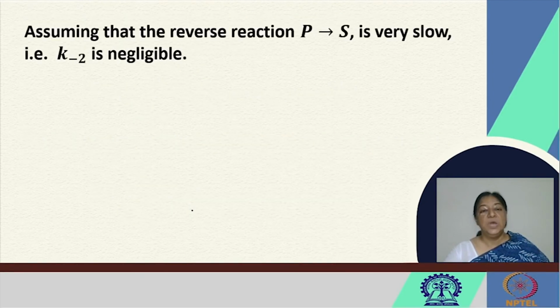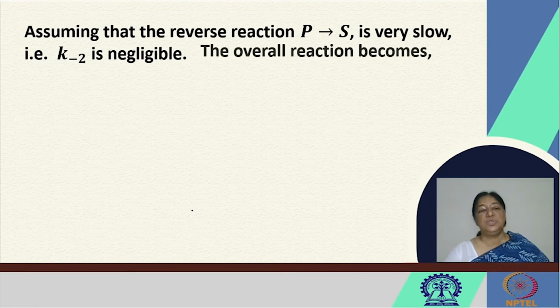So assuming that this reverse reaction, P to ES, is very slow, we can say that the rate constant K minus 2, that is the reverse of the second step, is very slow.